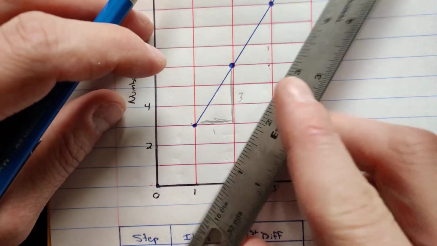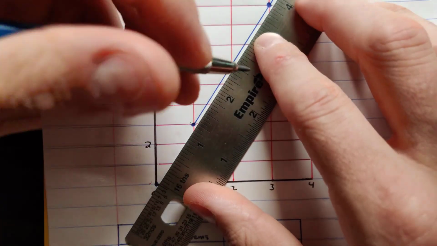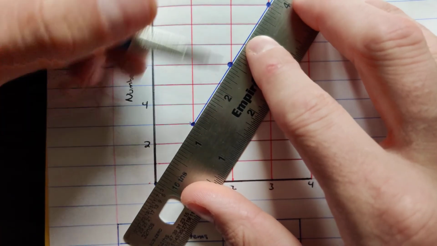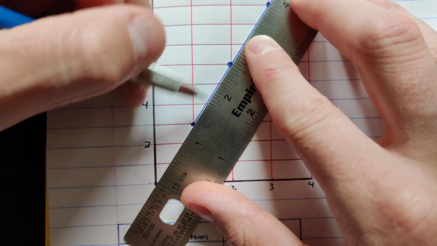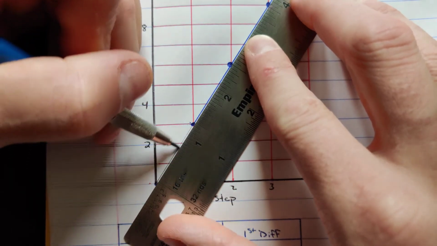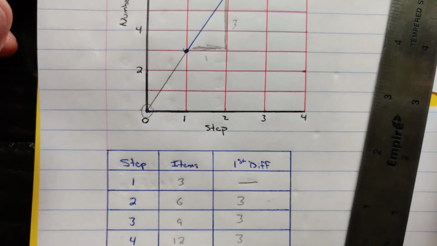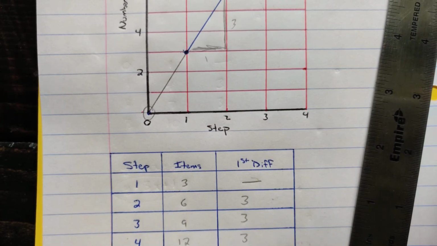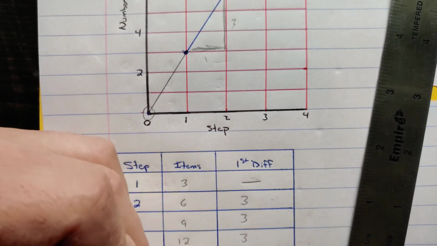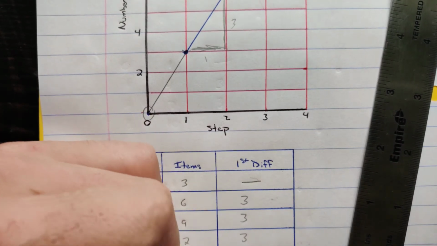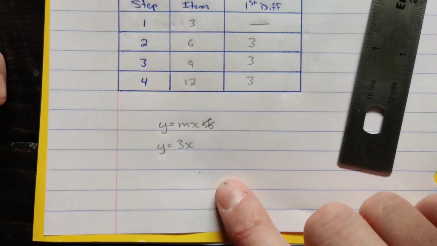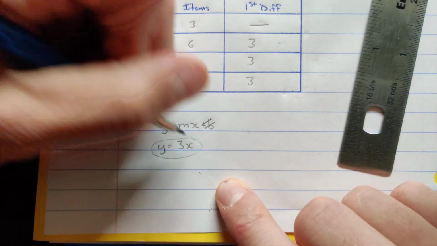If we line up our ruler with the dots and extend that back, we see that it has an initial value of 0. So this is a direct variation, and we don't need the b portion.